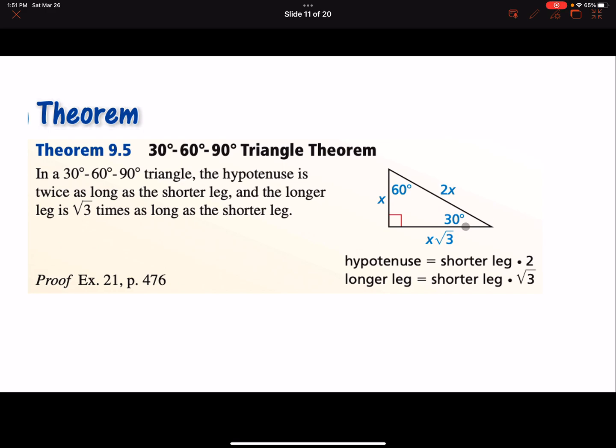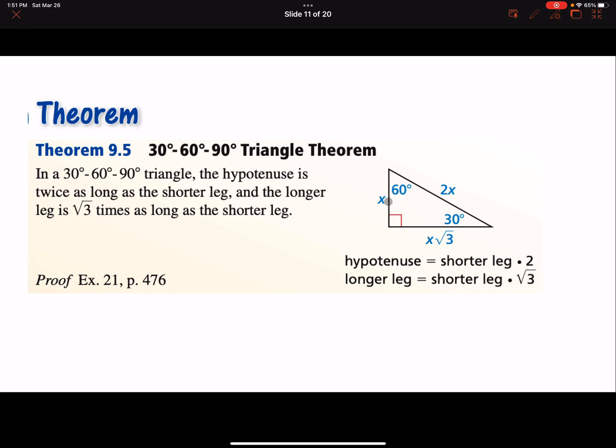It's always gonna follow this pattern. Now, when I tell you that a 45, 45, 90 and a 30, 60, 90 follow these patterns, that doesn't mean that it's always gonna be so evident that you're always gonna have something like x, x root 3, and 2x. It's not always gonna look explicitly like this.